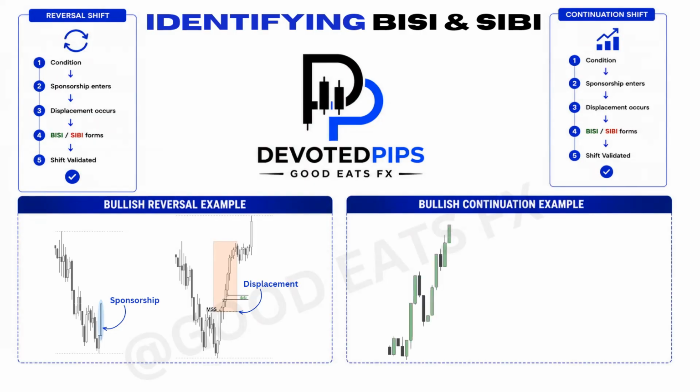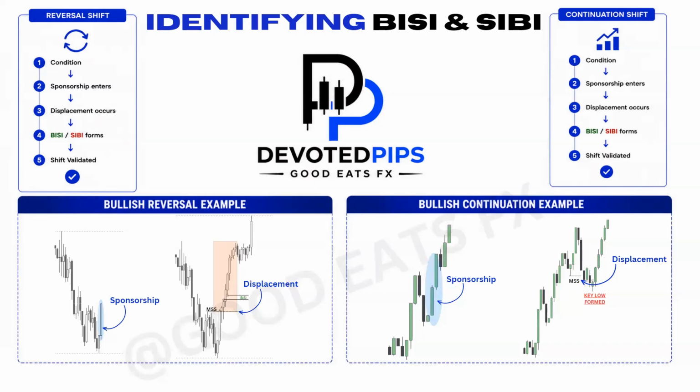Let's look at the bullish continuation example. So we have our sponsorship because this is when our trend was confirmed to be bullish. We had the impulse move higher. We had our market structure shift here. We have our low that we're putting our attention on because for the bullish structure to continue, we have to make our higher high. We know that displacement occurring above this low confirms that we are going to continue to trend.